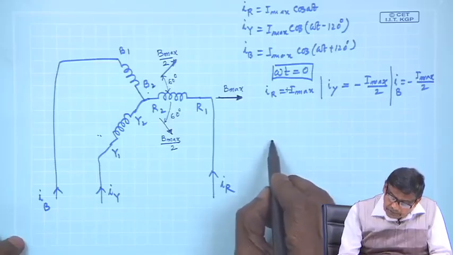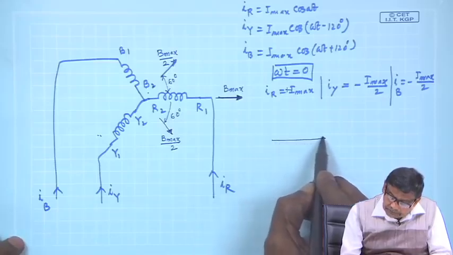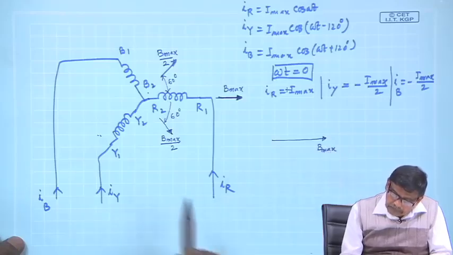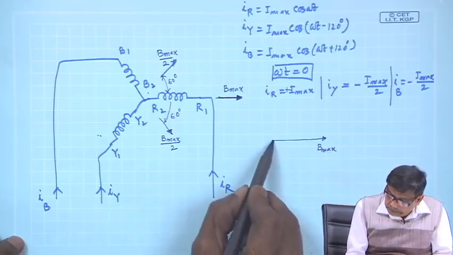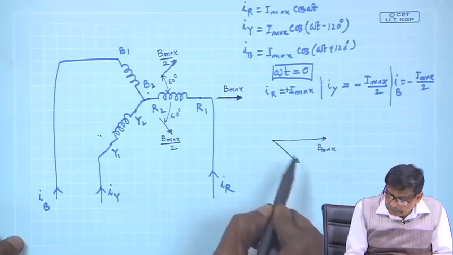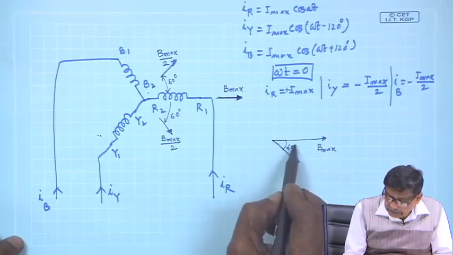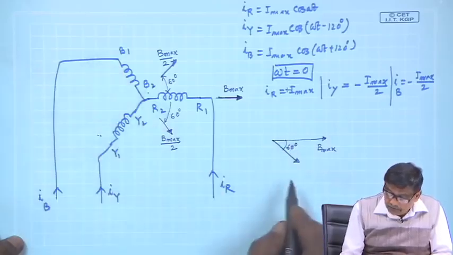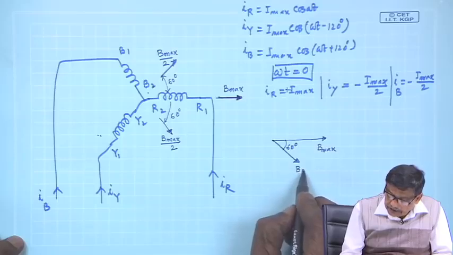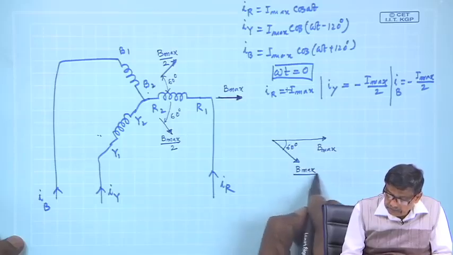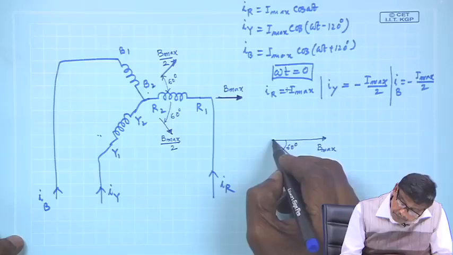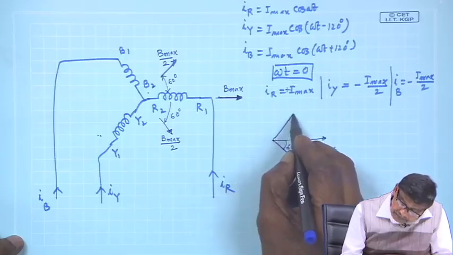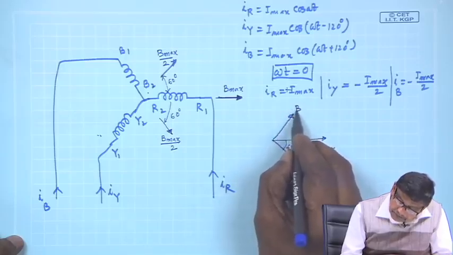So, this is B max and 60 degree. Because of Y phase, it is B max by 2, and for B phase it is B max by 2.